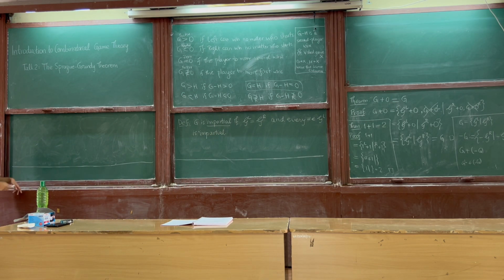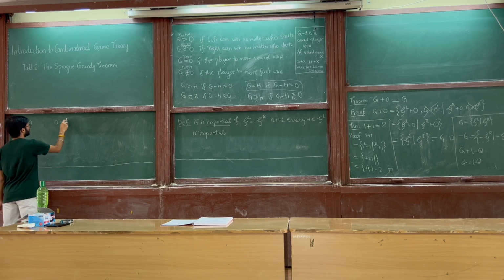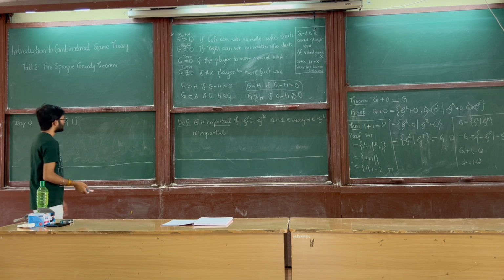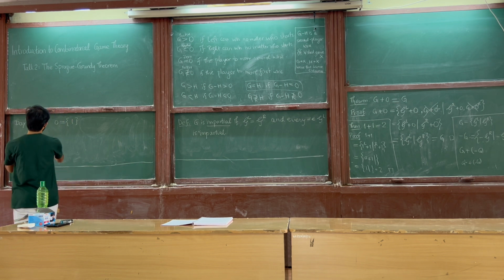So let's just try to figure out the impartial games born on the first few days. Day 0. The only game we have on day 0 is 0. 0 is impartial because the sets are identical, they're both empty, and everything there is impartial because there's nothing there.